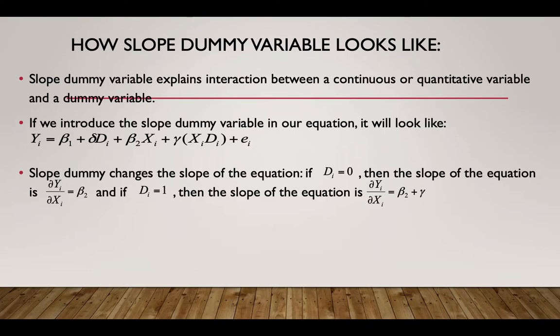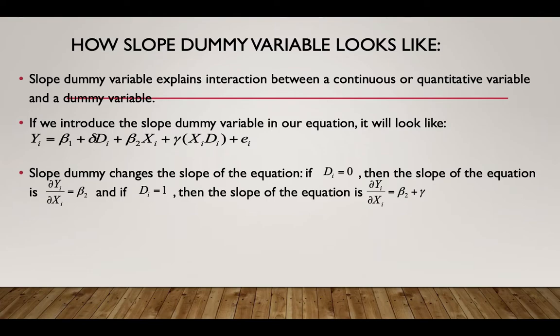Now, let us talk about the slope dummy variable. A slope dummy variable explains the interaction between a continuous or quantitative variable and a dummy variable. So, it is the interaction between two things: one is the quantitative explanatory variable, and another is the dummy variable. We take both of them together.